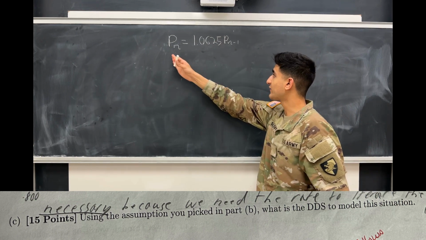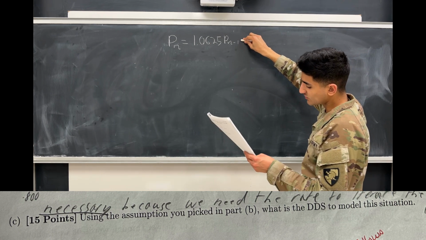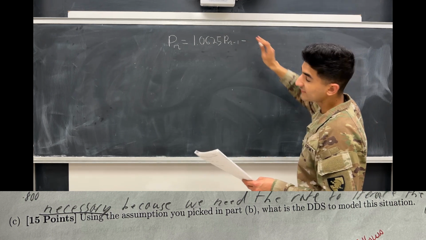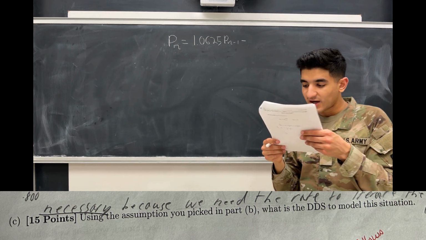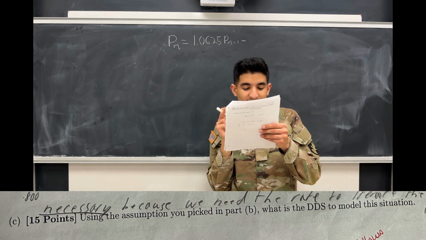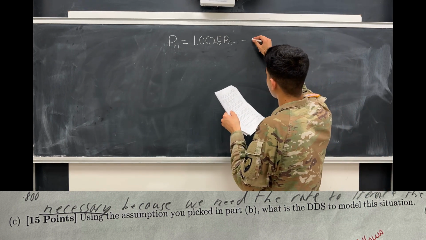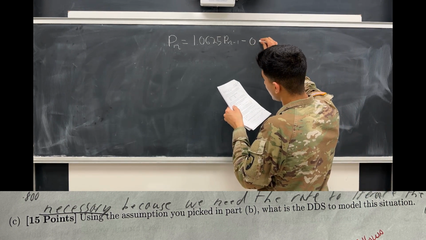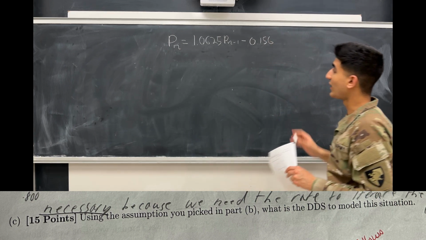So that gives us our growth in bacteria, but remember, we're also going to subtract chlorine from it, or the amount that chlorine kills. And if we look at our problem, we can see that chlorine can limit the contamination or lower it by 0.156. So we're going to do minus 0.156. And that's going to be our equation right there.